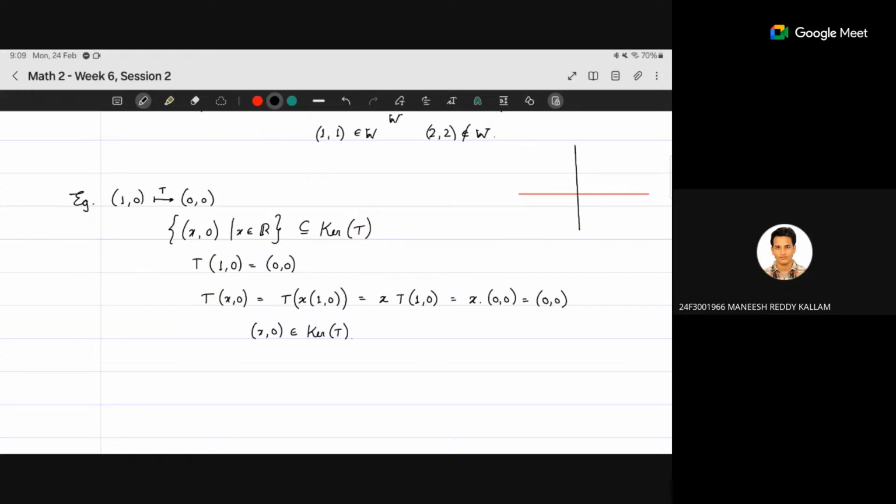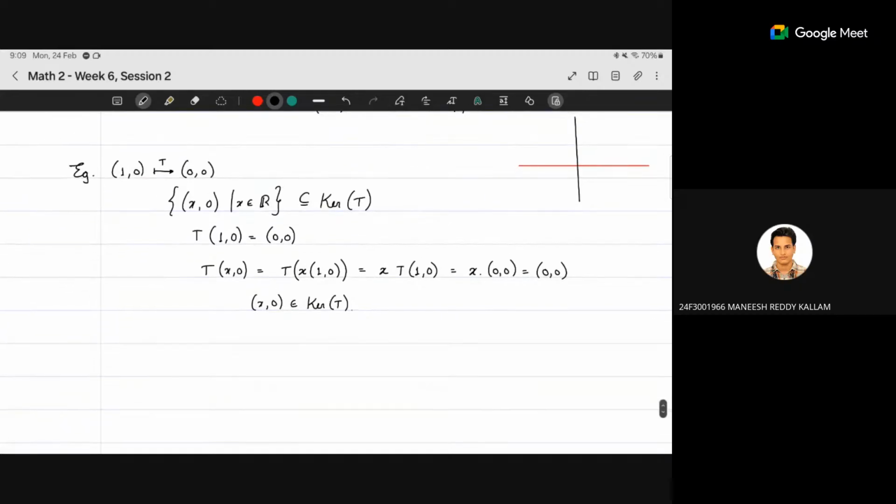It becomes x times T of (1, 0) plus y times T of (0, 1), which is x times (0, 0) plus y times (0, 0), which is (0, 0). I'm just saying all of this without writing it. I hope I'm able to make it understood. Yes, sir. So in that case, it becomes a zero transformation. T is just the zero map. So if everything goes to zero, the kernel is the whole domain, right?